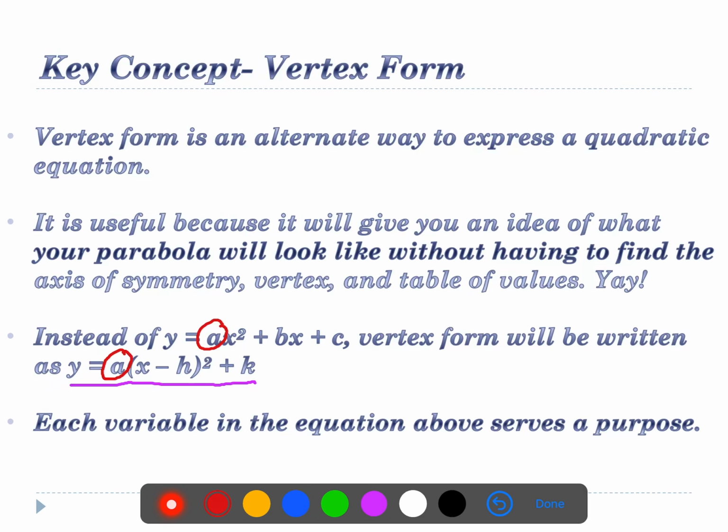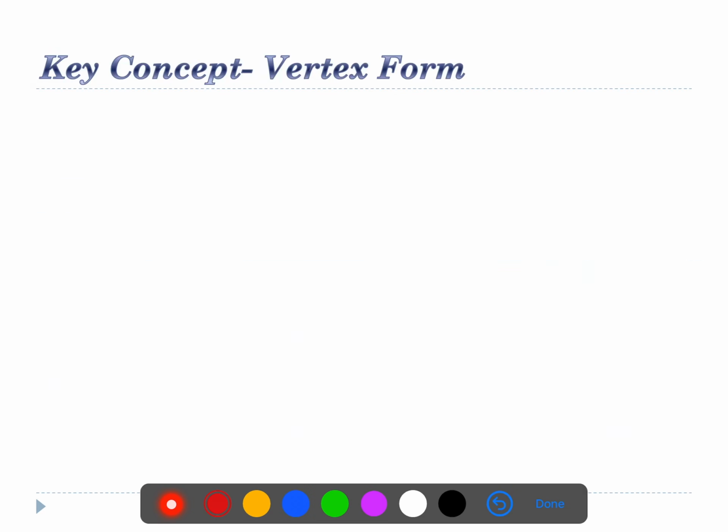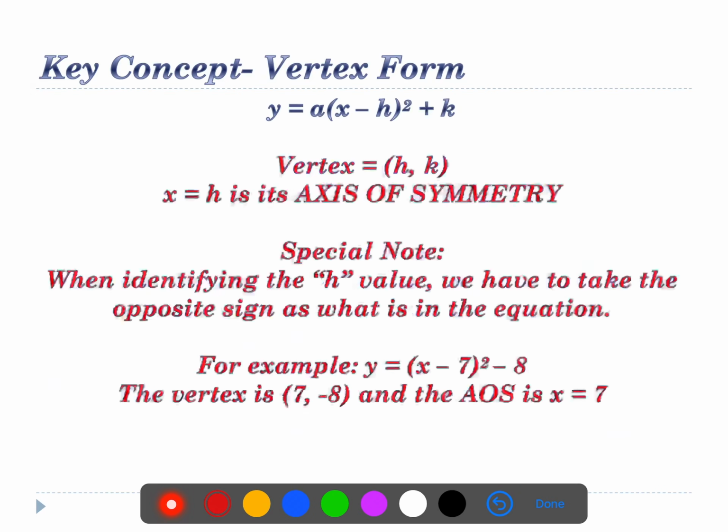But now we're introduced to two different variables, h and k, and they're each going to serve a specific purpose in vertex form. Okay, so again, that's our equation for vertex form.